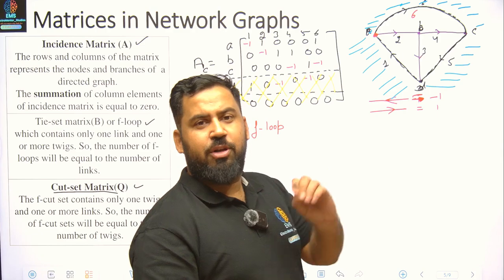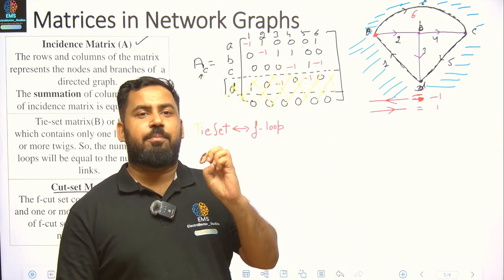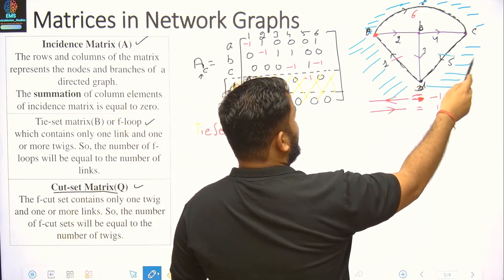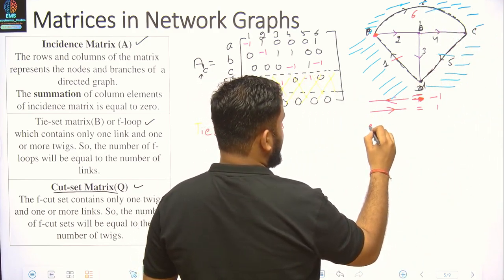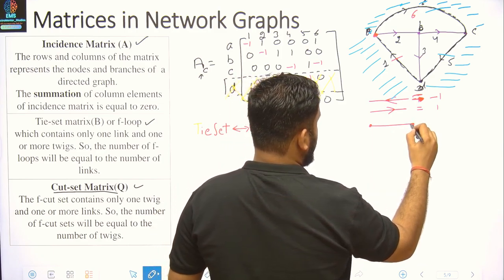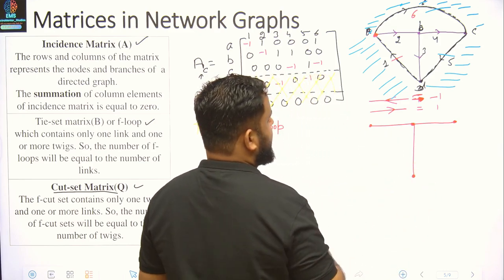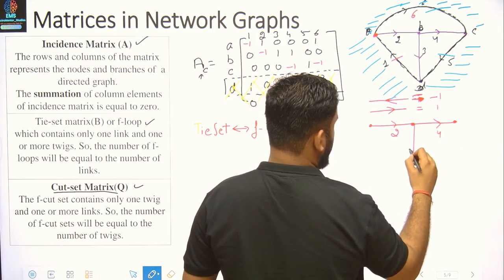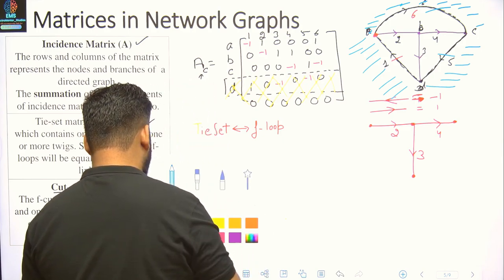Now remove all the branches which are being touched by the water. So I don't need 1, I don't need 5, I don't need 6, and what is left out will be 2, 4, 3. So this becomes my tree.